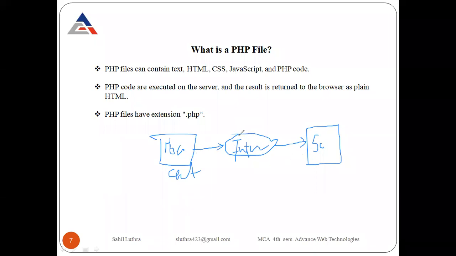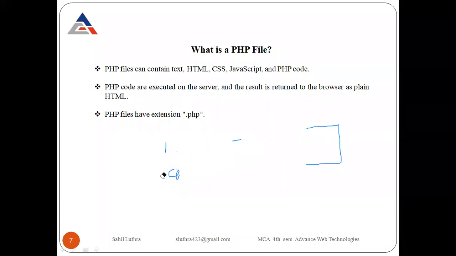With the help of the internet, that request goes to the server, and it finds whether there is a web page available with the name FB or not. If it is available, then the result is going to show in front of you, and if it is not, then it says that the web page is not available.